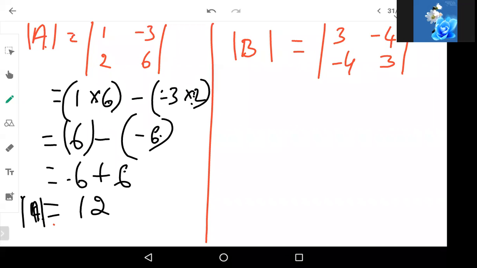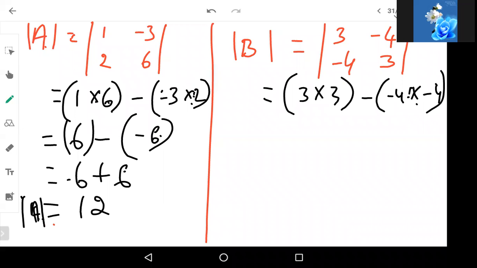The second one is minus 7. Very good. So here it is 3 into 3 minus minus 4 into minus 4. So 3 3s are 9 minus of minus 4 into minus 4, that is 16.